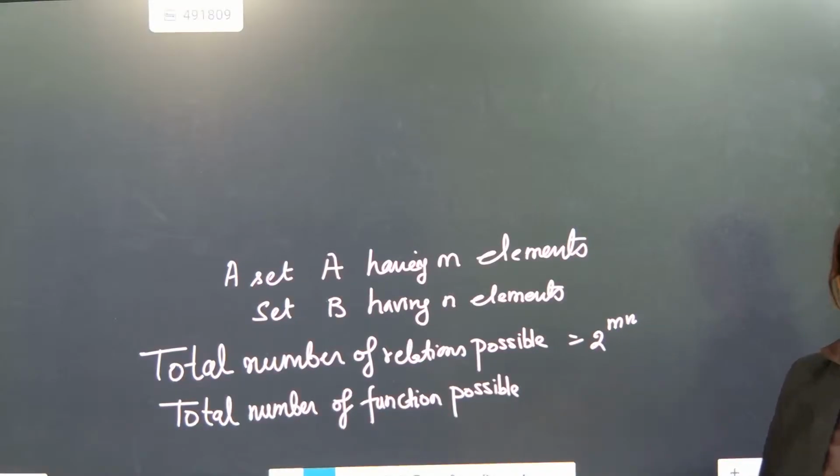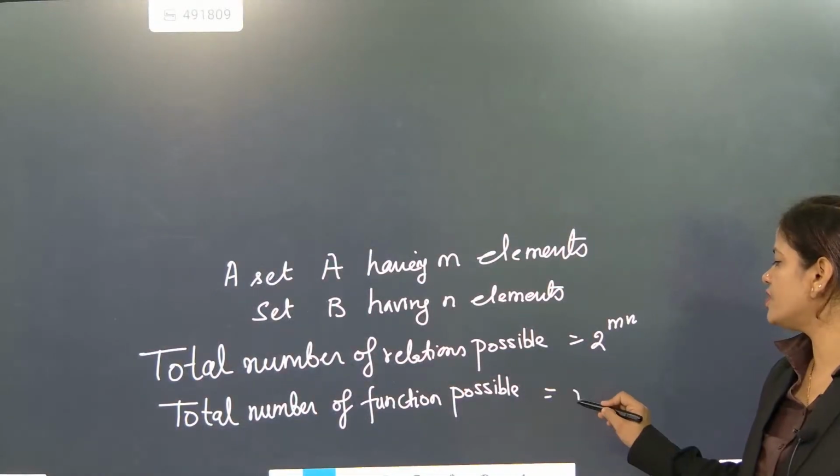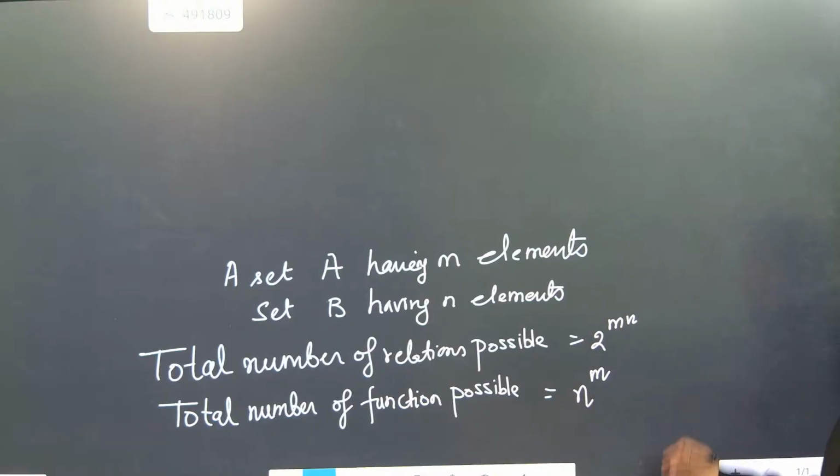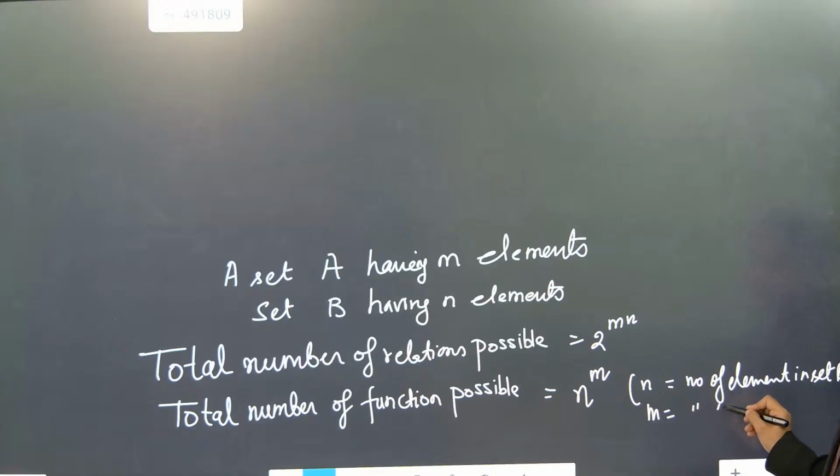But the total number of functions is n to the power m, where n is the number of elements in set B and m is the number of elements in set A.